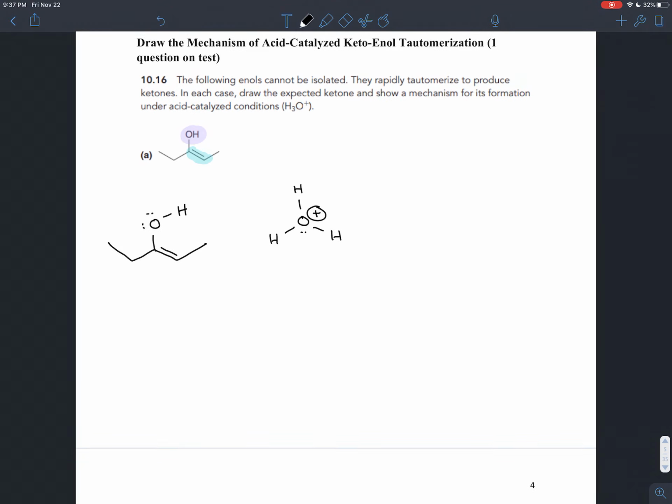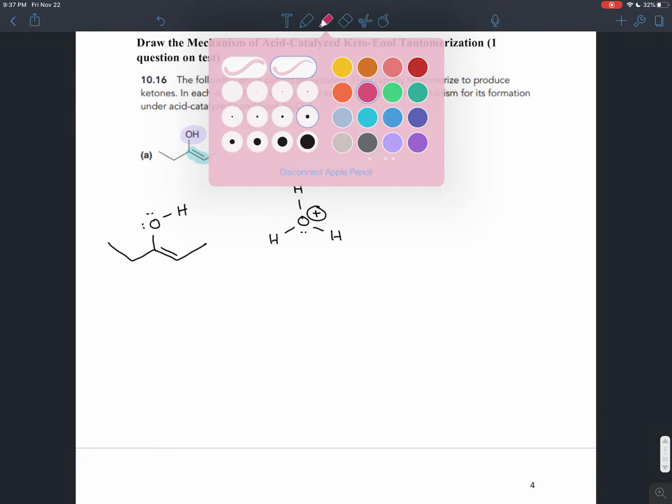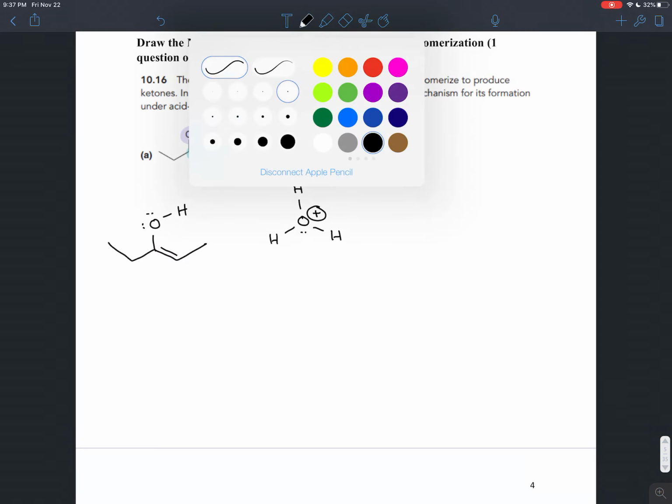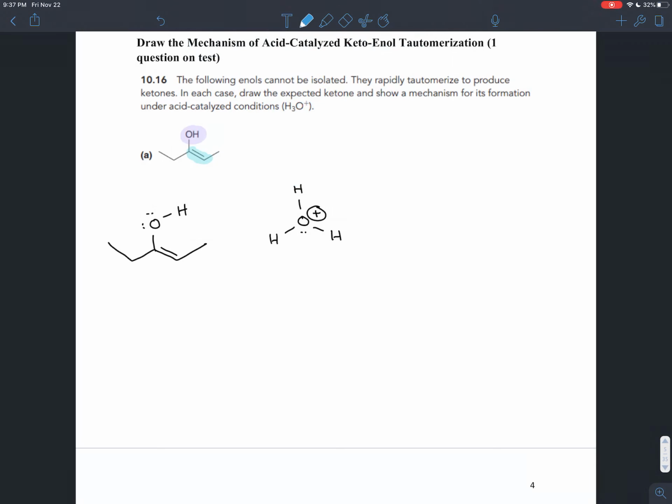Now, we've seen what happens in this kind of a situation before. Remember the mechanism for acid-catalyzed hydration in the alkene chapter. In that case, the double bond is a nucleophile. There's a lot of electrons there, and the hydrogens here are losing a lot of electron density to that oxygen, so they're all slightly positive.